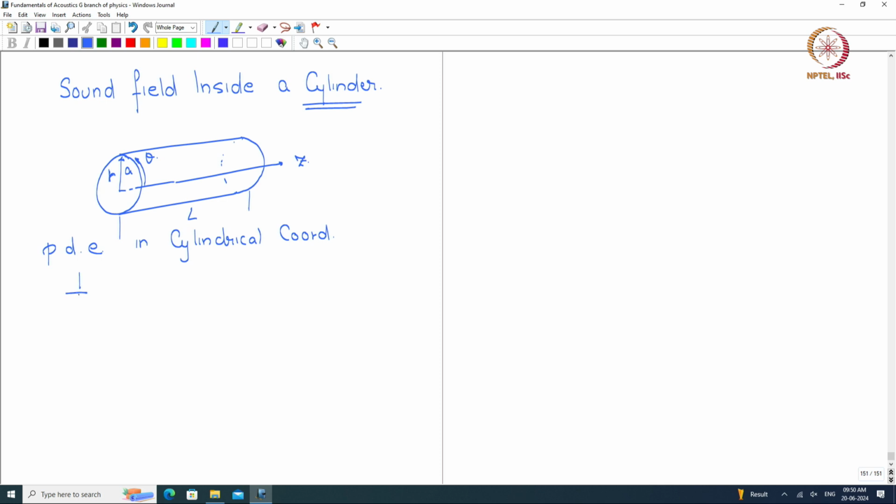It looks like this: 1 over R del by del R of R del P by del R, plus 1 over R square del 2 P by del phi square, plus del 2 P by del Z square is equal to 1 over C square del 2 P by del T square.